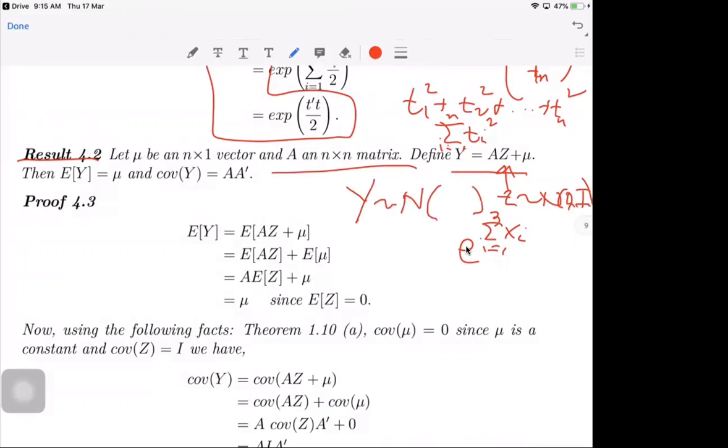What will be the parameters of y when we transform z as Az plus mu? The theorem says it's still normal. Later you will see that the mean vector will be equal to mu, this constant here, and the covariance matrix of y will be AA prime.